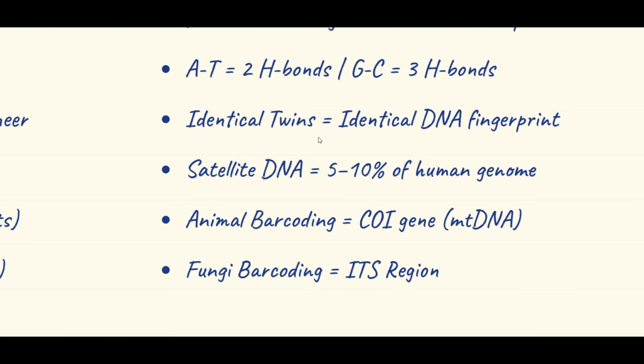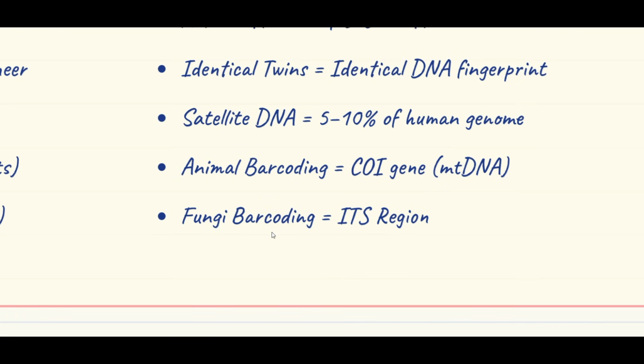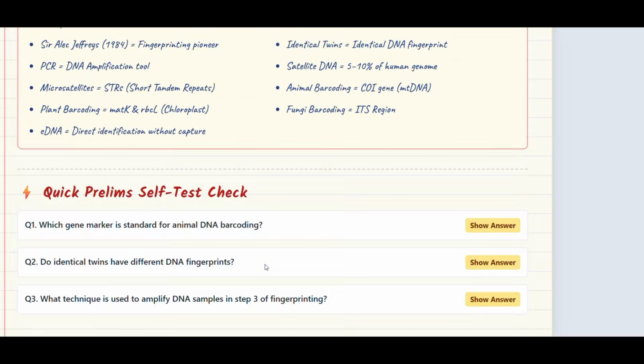Identical twins: in DNA fingerprinting, the repeated gene sequence will be similar in twins. Satellite DNA is 5 to 10% of the human genome. Animal barcoding uses the COI gene, and fungi barcoding uses the ITS region.